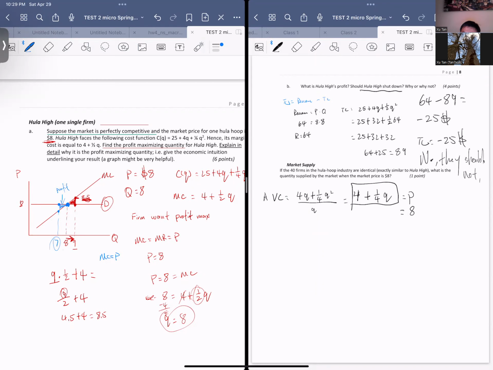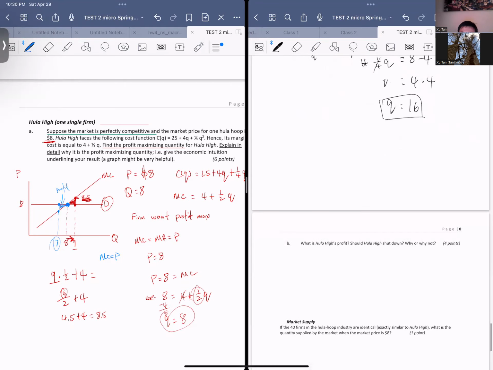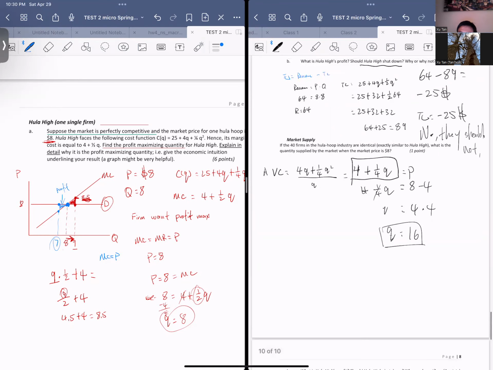So 8 equals 4 plus 1/4 Q, so 4 equals 1/4 Q, 4 times 4, Q equals 16. So there's something wrong.